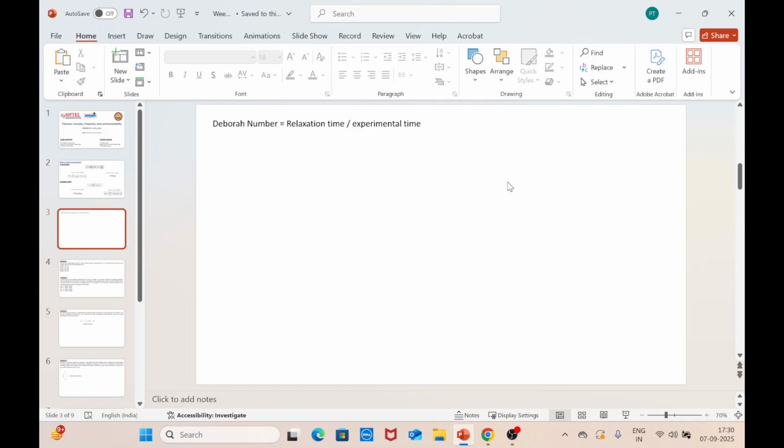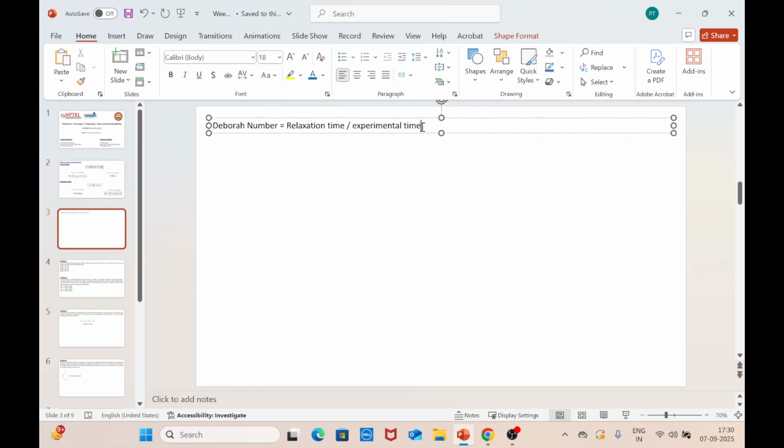If the Deborah number is much less than 1, then it typically represents a loss or dissipative mechanism. If the Deborah number is much greater than 1, then this represents a storage response.